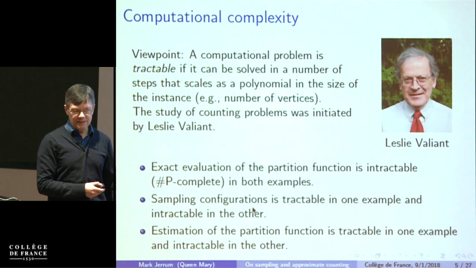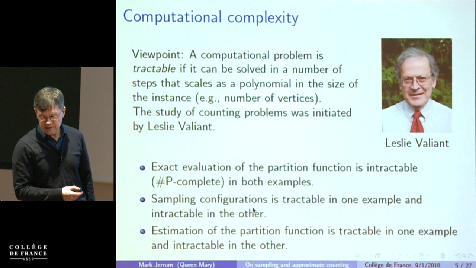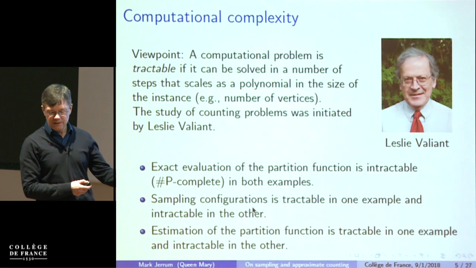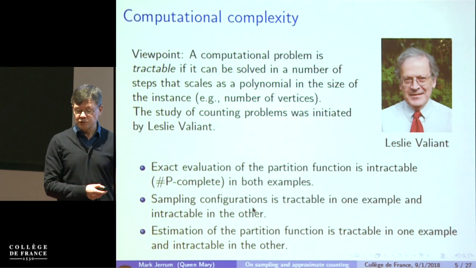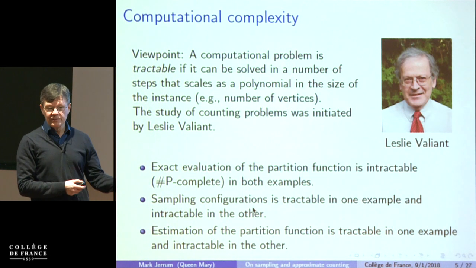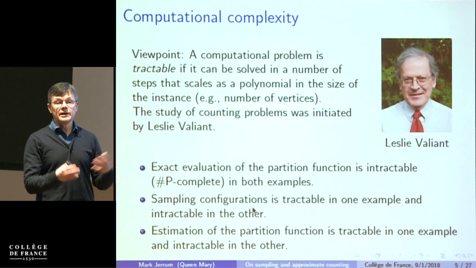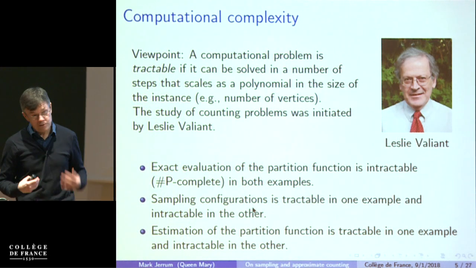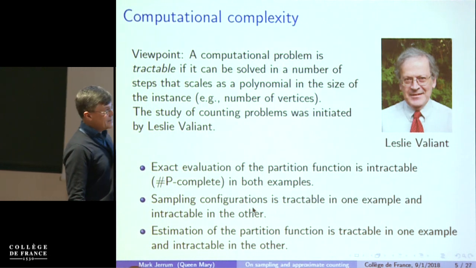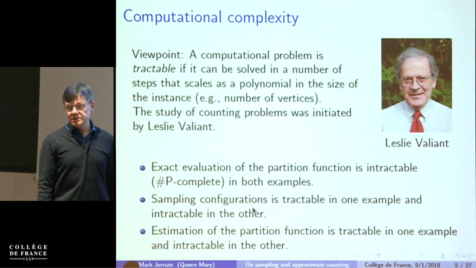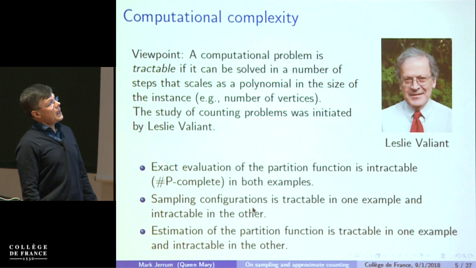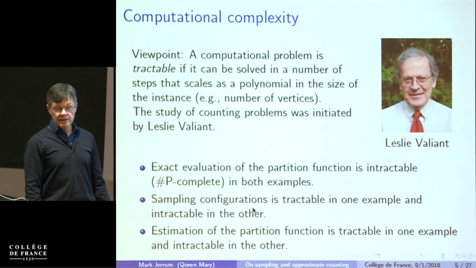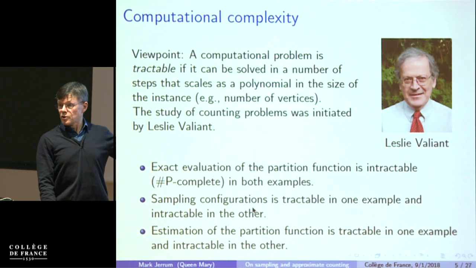And the exceptions are rare. There's one famous example, spanning trees in a graph, where Kirchhoff, even in the 19th century, knew how to evaluate the number of spanning trees by writing down an appropriate determinant. And a determinant can be solved by Gaussian elimination, so that is a polynomial time algorithm, even if he wouldn't have thought about it in that sense. And then there's another famous example from statistical physics in the 50s, which is exactly the matching problem in 2 dimensions.